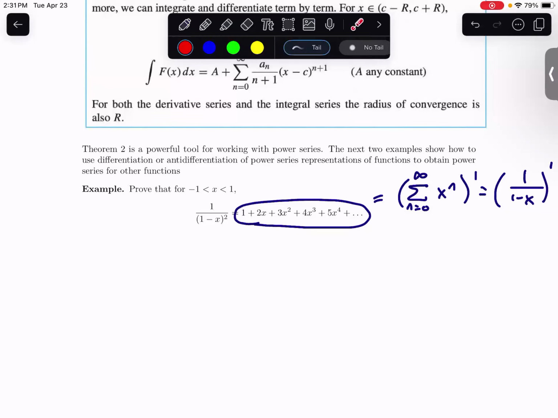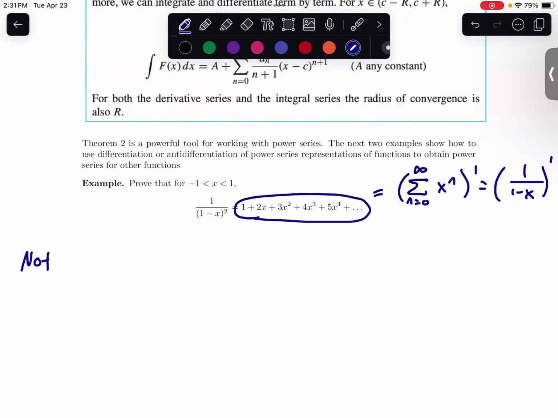So all we really need to show is that the derivative of 1 over 1 minus x is equal to 1 over (1 minus x) squared, and then we would be done with this problem, right? This is the key observation: if we take the derivative of 1 over 1 minus x, you want to use the quotient rule. We can probably do it in another way, but I feel like most people are familiar with the quotient rule.